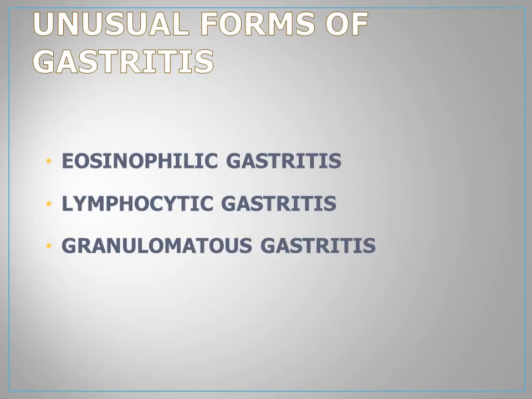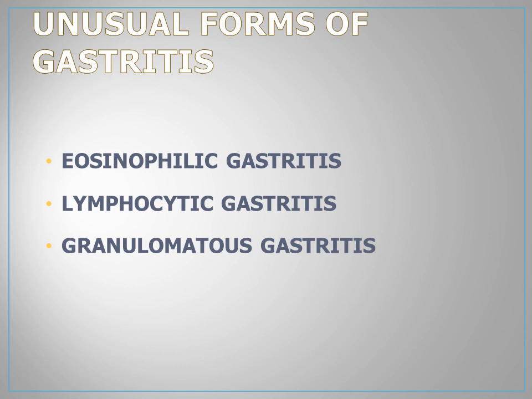And this is another slide showing a few unusual forms of gastritis: eosinophilic, lymphocytic, and granulomatous gastritis. Eosinophilic gastritis can occur due to various allergic disorders, for example, systemic sclerosis, parasitic infestation, or cow milk protein allergy.